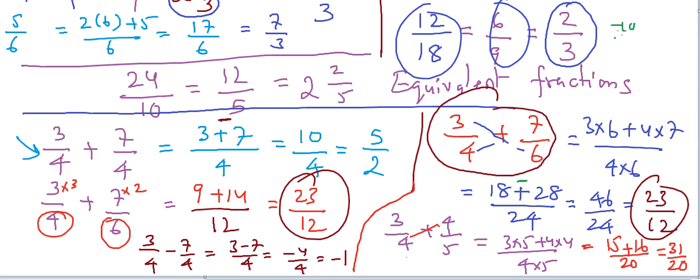So minus 10 by 24, you simplify, you will get minus 5 by 12. So this is about subtraction, that means how to subtract one fraction from another fraction.